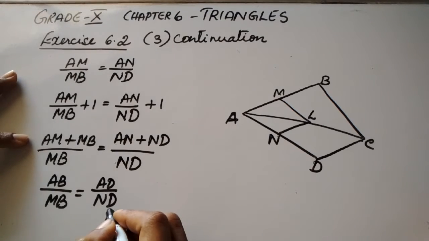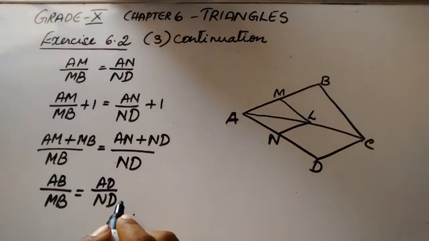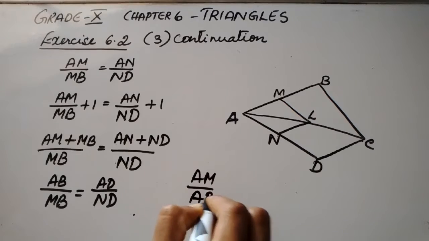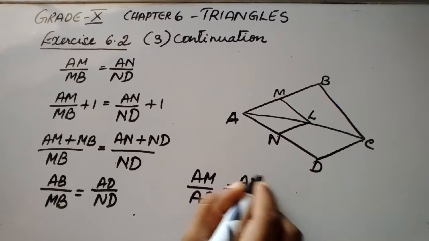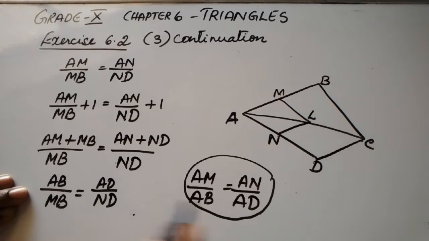So here this was not what we had to prove, isn't it? We had to prove AM divided by AB is equal to AN divided by AD. This was to prove, but ultimately we will not get that.